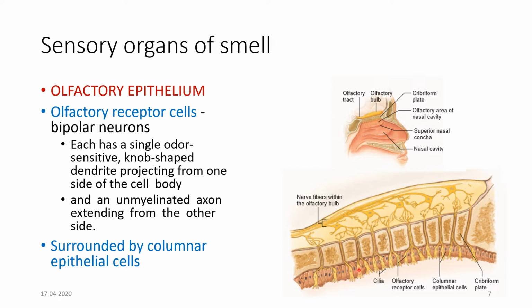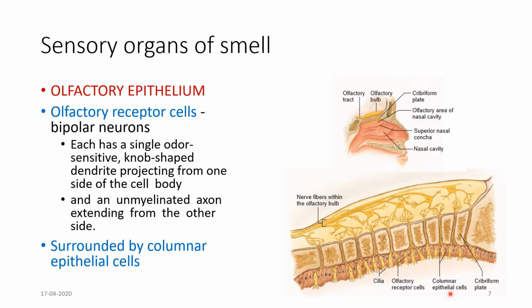A bipolar neuron will have two poles, and at one pole you are seeing the dendritic processes which are projecting towards the roof of the nasal cavity, and at the other end of the olfactory neuron you are seeing the axon, which is passing through the sieve-like openings in the cribriform plate of ethmoid bone. This is the cribriform plate of ethmoid bone, which has small apertures, through which the axons go towards the cranial cavity.